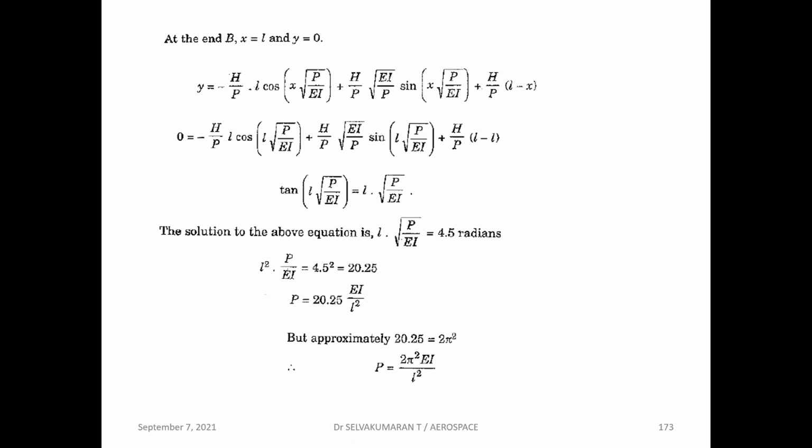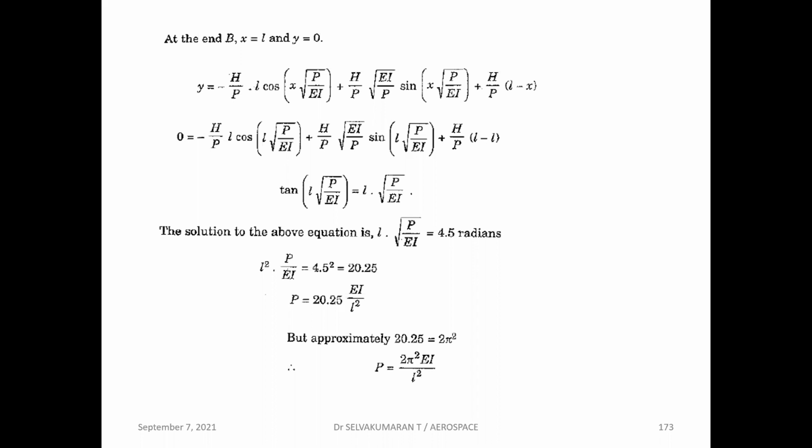When one end is fixed and the other end is free, the formula is pi square EI by 4L square. When one end is fixed and the other end is hinged, the critical load formula is 2 pi square EI by L square, where L is the original length, E is the Young's modulus, I is the area moment of inertia.